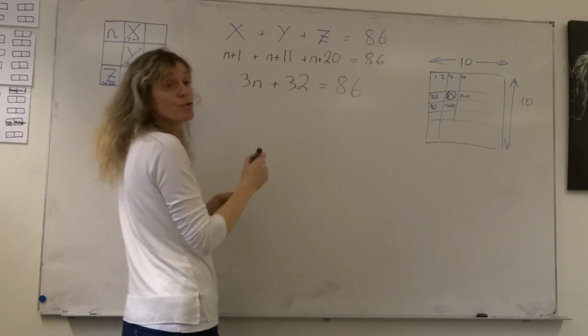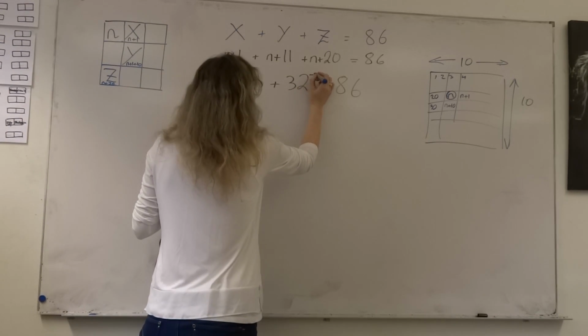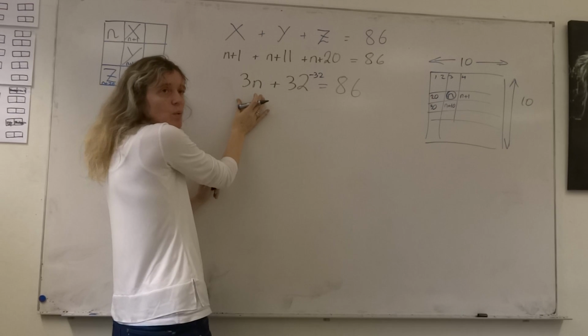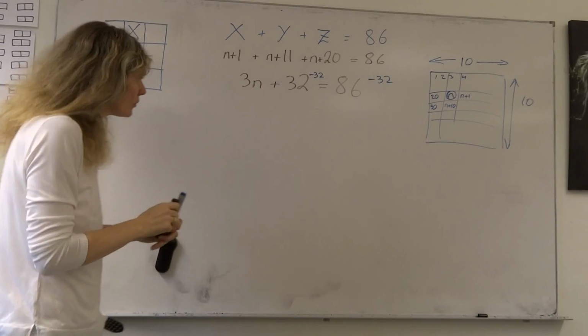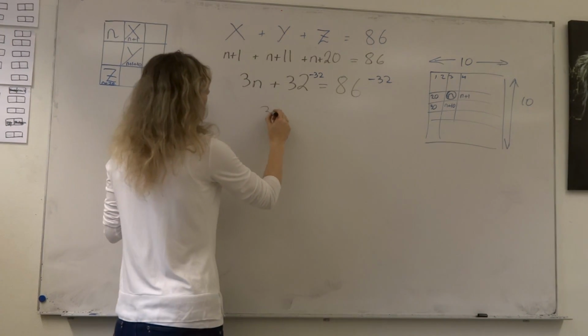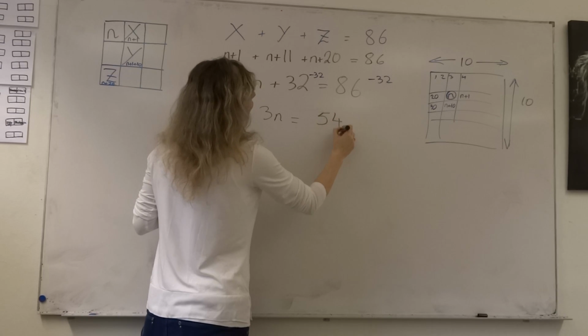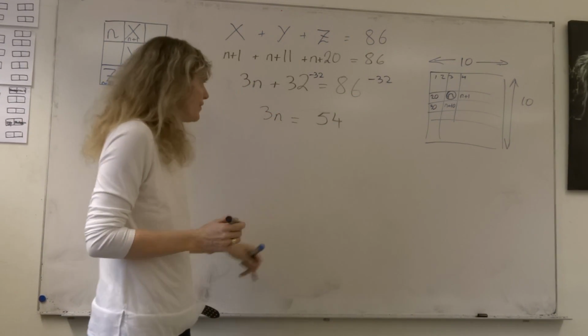We can now subtract 32 from both sides to get rid of the 32 here. We want the letters on one side and the numbers on the other. So we get that 3n equals 54. 86 minus 32 is 54.